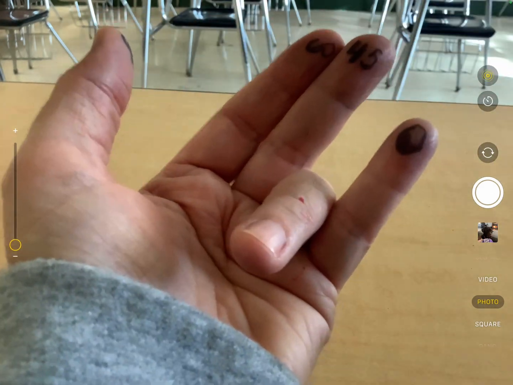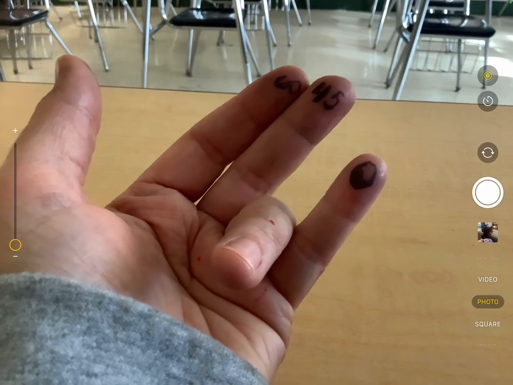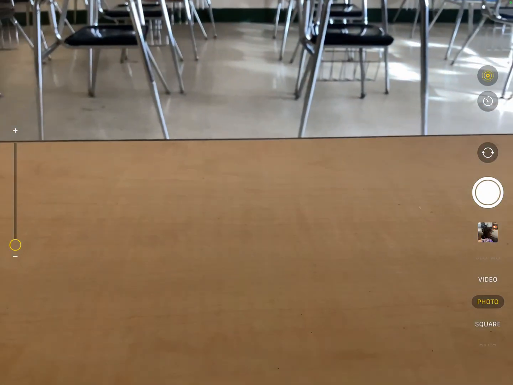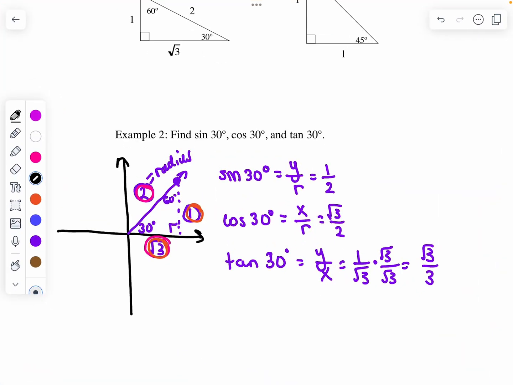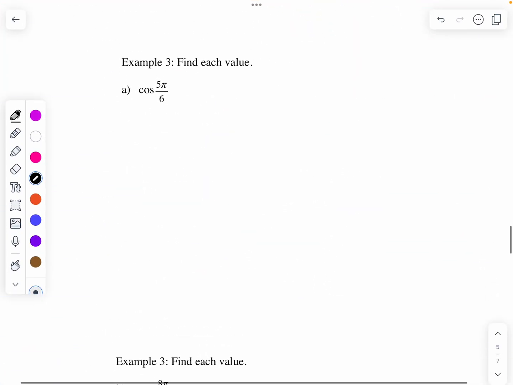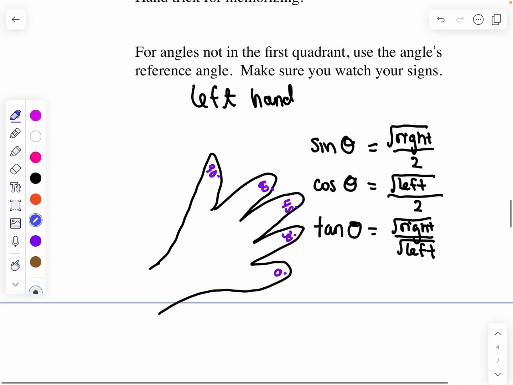That would be root 1 divided by root 3, which rationalized is root 3 over 3. Okay, we'll get this down. So let's try with another angle. Now this one's in radians. And if you have to, you can write radians on your hand. I just write degrees, and I know what they are in terms of radians. But 0 degrees is 0 radians.